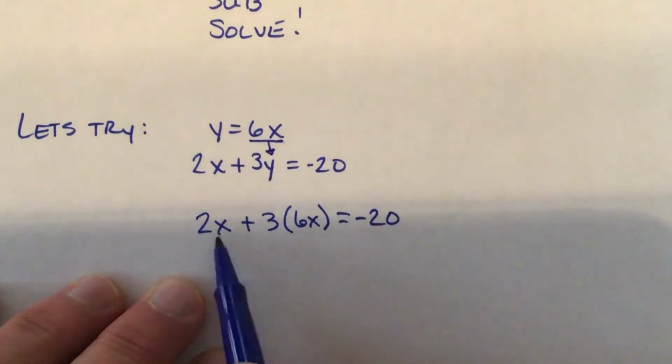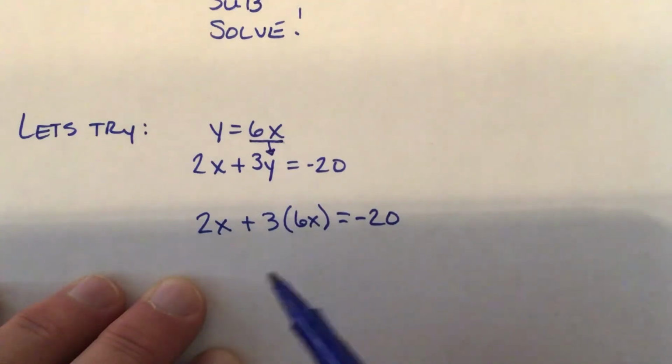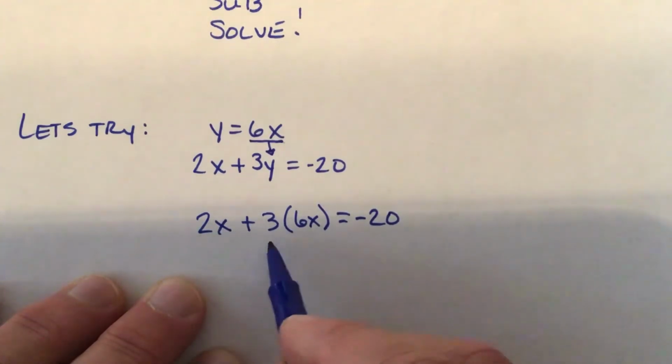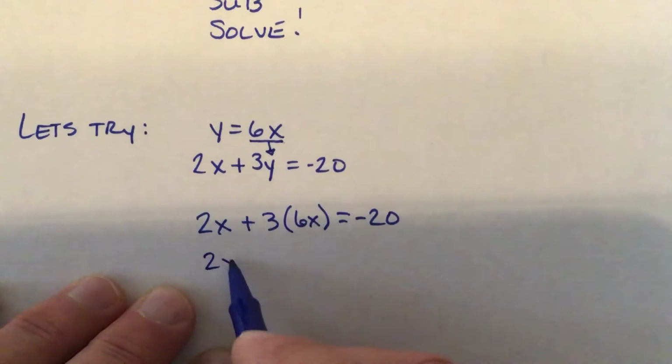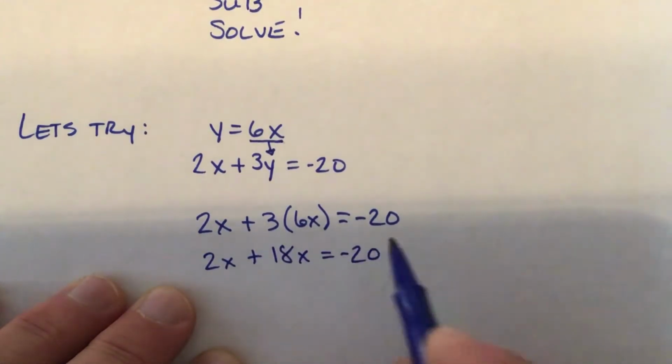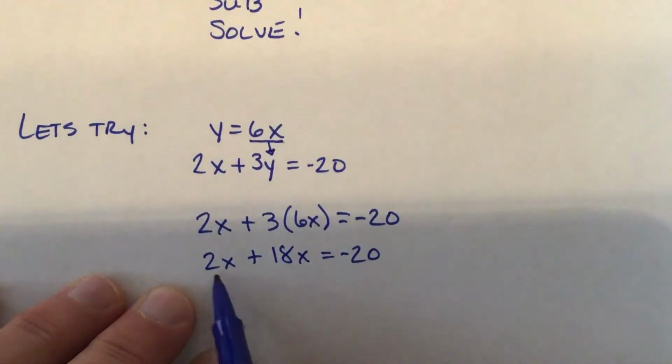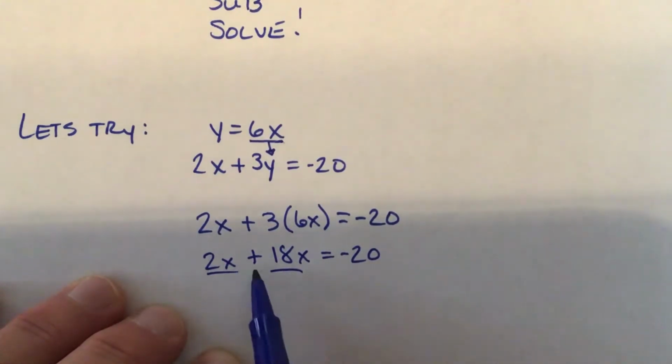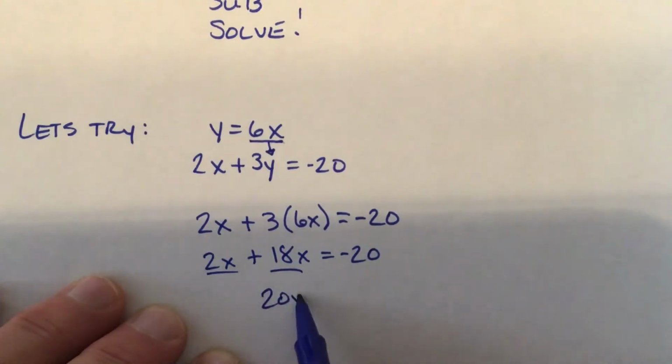So now we have all x's, so now we get to solve for x. So 3 times 6 is 18. So this is 2x plus 18x equals negative 20. We gather like terms. Since they're on the same side, we get to do what it says here. So that's 20x is equal to negative 20.